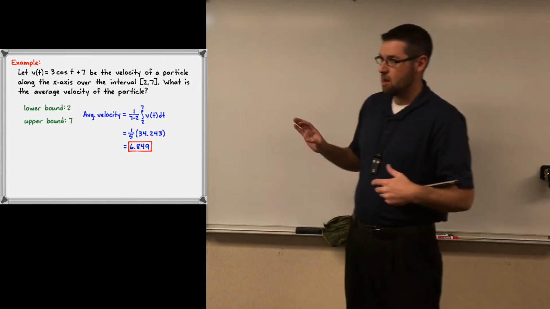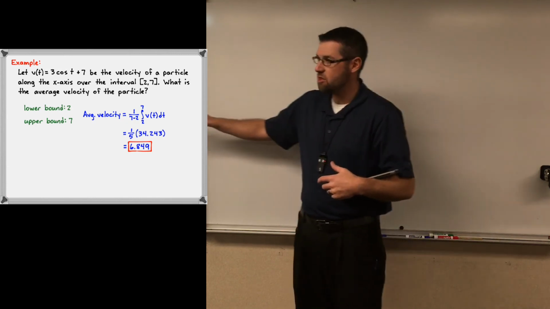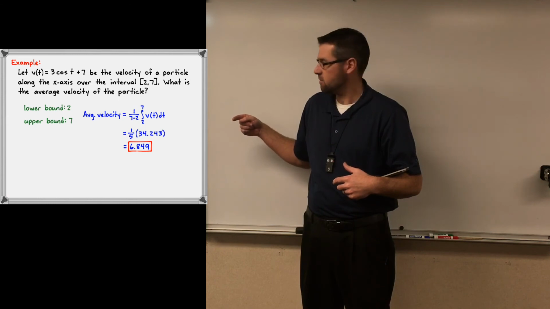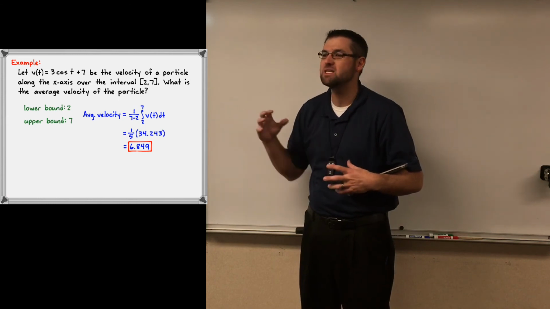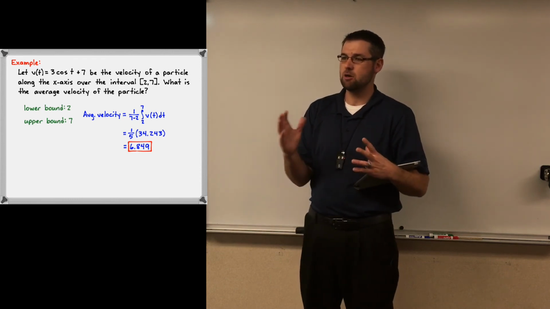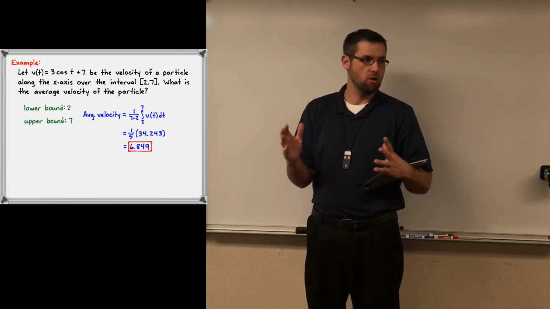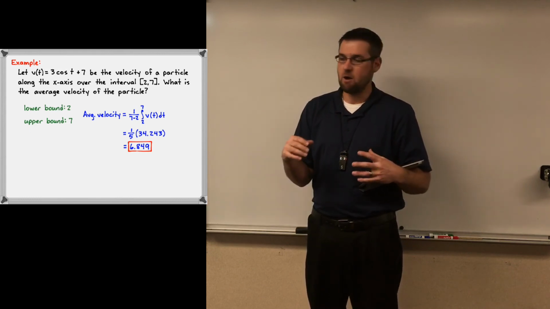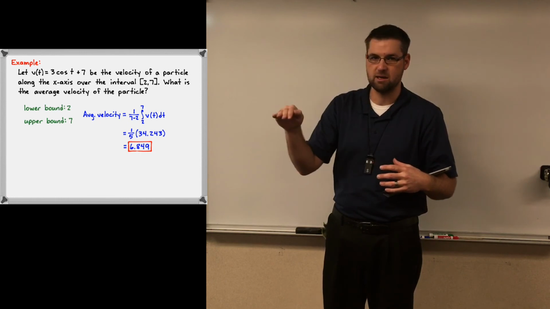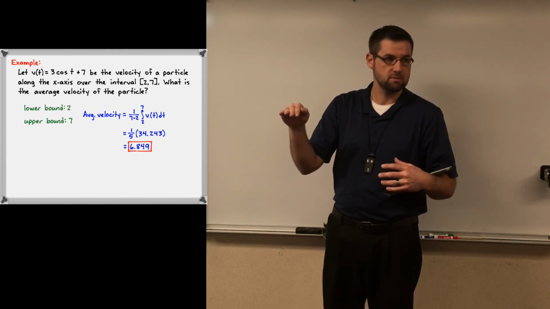Okay. I want to make this point. What does the 34.243 represent? It does represent the integral, but what does it mean? It means how far the particle has traveled over the time interval, right? If I want to figure out velocity, I have to take the distance that it traveled and divide it by time.